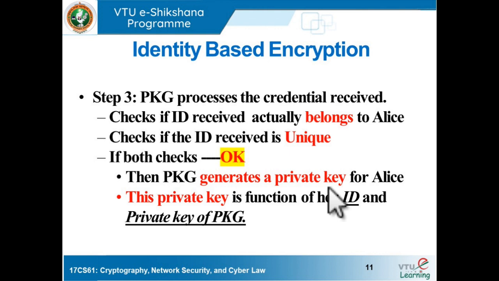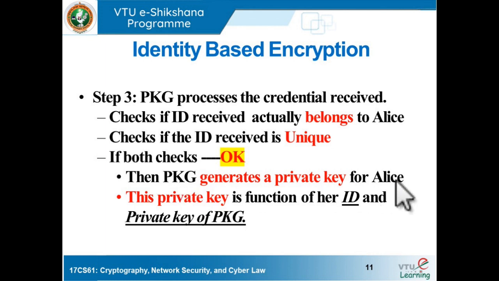Now, how is this private key generated for Alice? The private key generated for Alice is a function of Alice's email ID along with the private key of the private key generator. So, it is not just a function of Alice's email ID. It also is a function of the private key generator's private key. So, Alice's email ID along with the private key of the private key generator will be subjected to some function which will provide us with the private key of Alice.